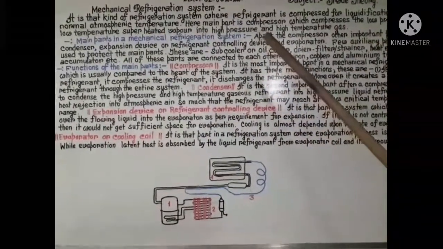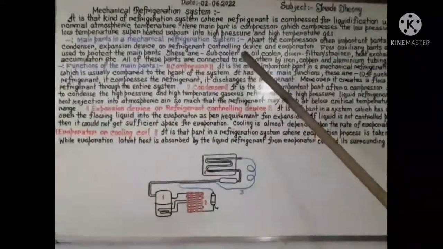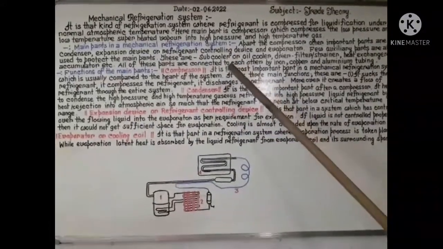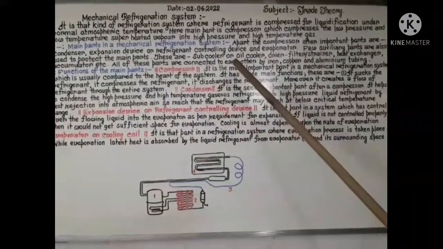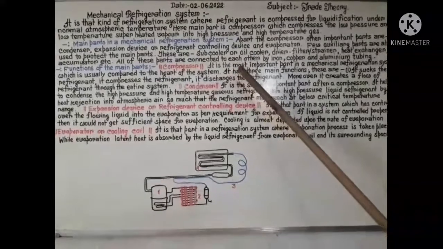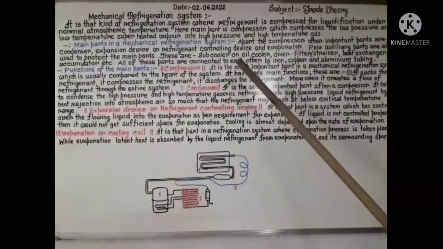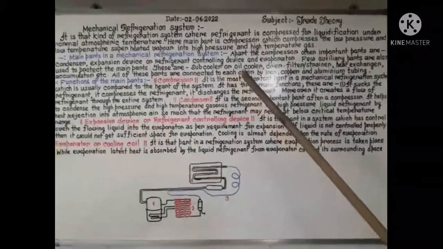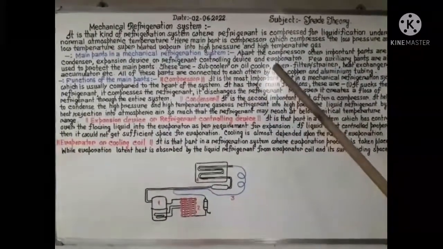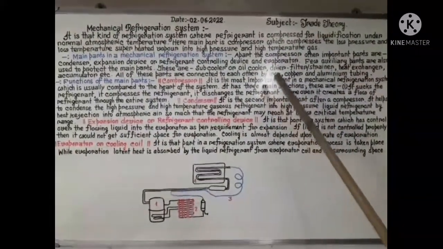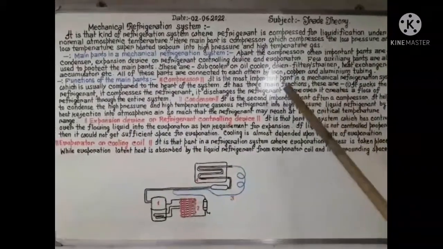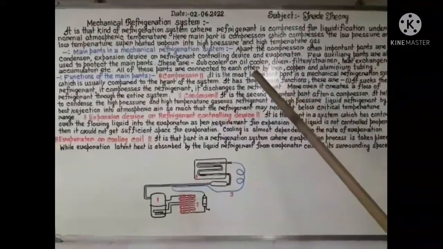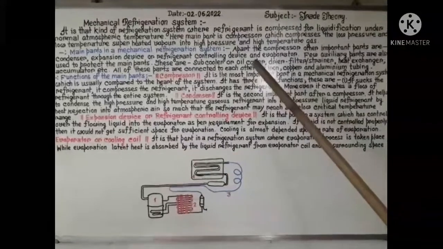But we have to remember, any part can't do its function properly unless it has a supporting part. Sometimes a main part can't do its function properly and may malfunction, and due to these malfunctions the refrigeration system may be affected.